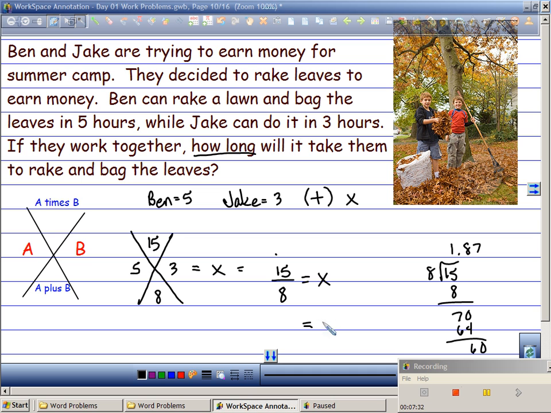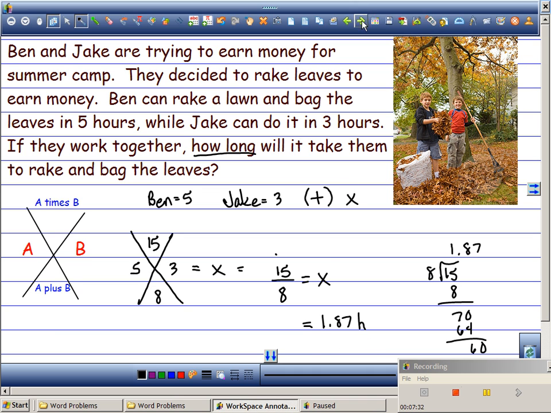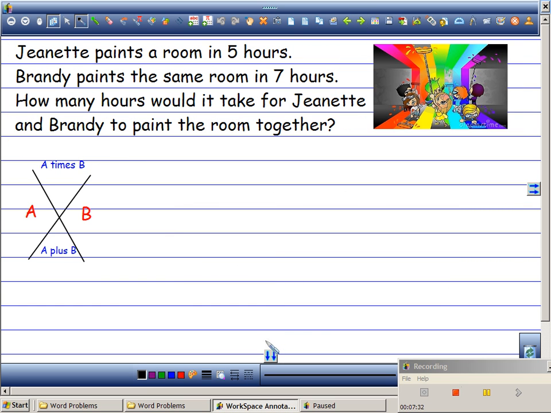So together they would do it in 1.87 hours, which is probably how much? An hour and how many minutes? Around 50, 51, 52 minutes, something like that. Okay, good. All right, let's continue.